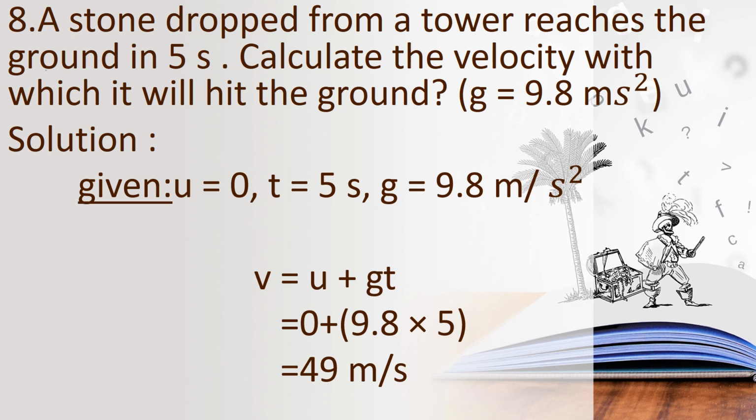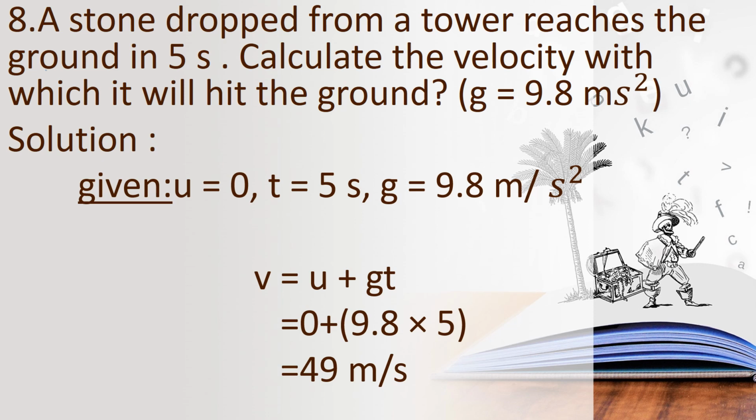freely falling, is it, children? So we should use the acceleration due to gravity formula. If it is freely falling, the initial velocity will be 0. We have learnt in the note. So u equal to 0, time is given, and gravity is given.